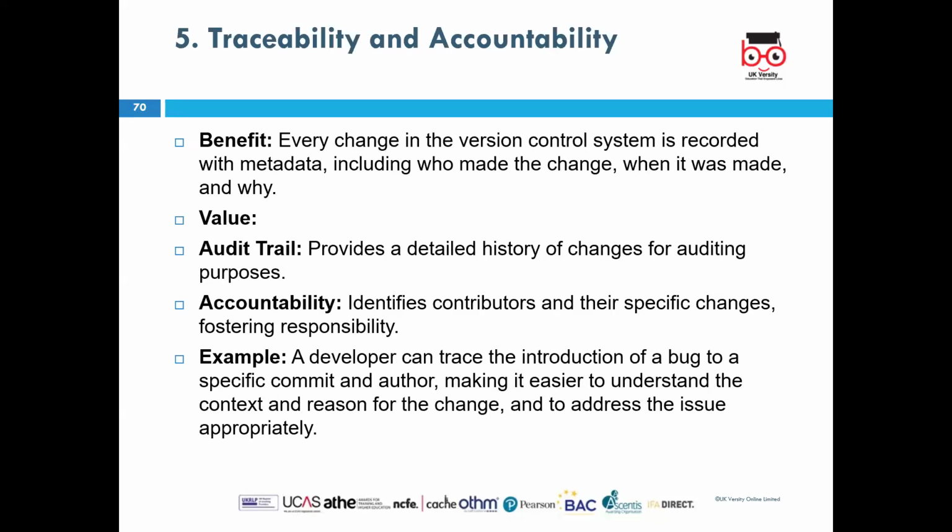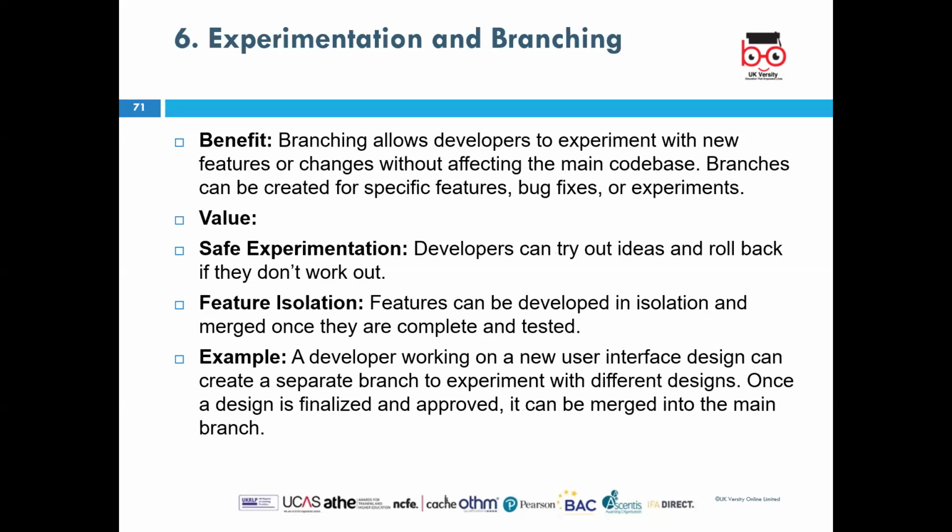Traceability and accountability, where every change in our version control system is recorded within our metadata, and includes who made the changes, when this was made, and why. So the values, we now have an audit trail and accountability.